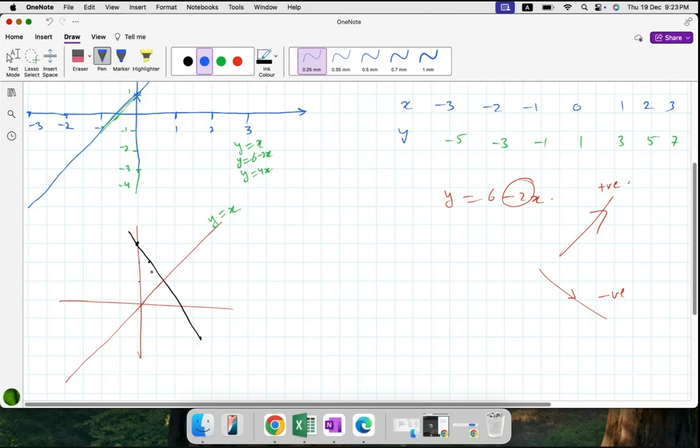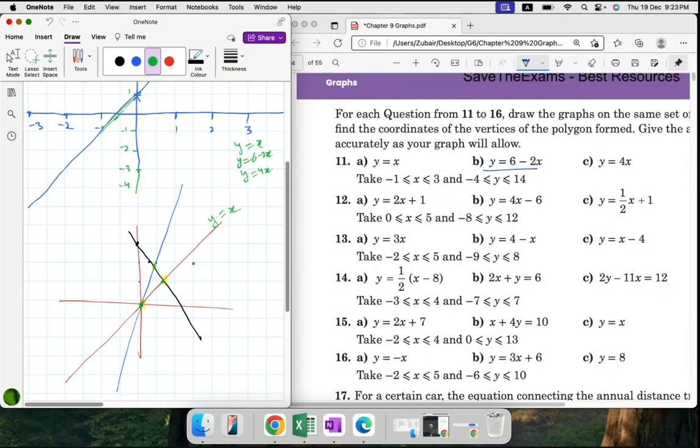So x = 1, y = 4. These were three lines, and we can see that we have 3 points of intersection, 1, 2, and 3. This particular polygon is known as a triangle, and we need to write these coordinates. Once this is drawn on a grid which is marked, we will be able to write the exact coordinates.